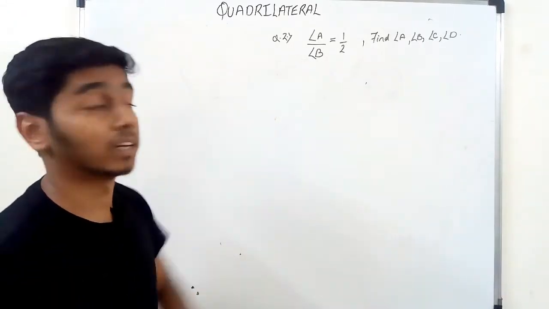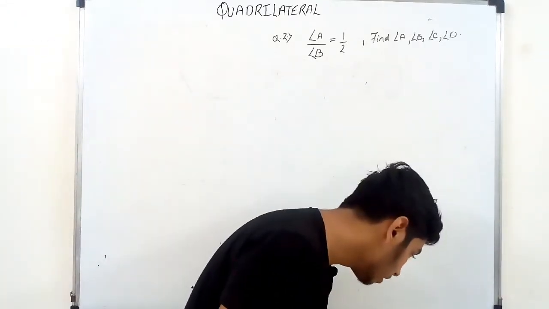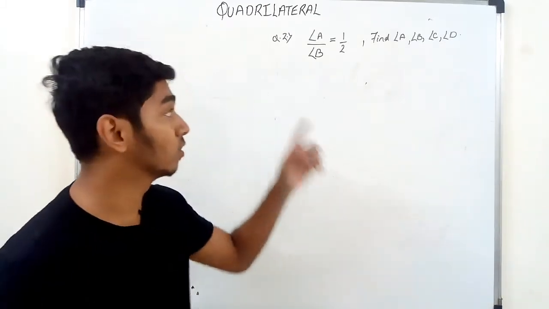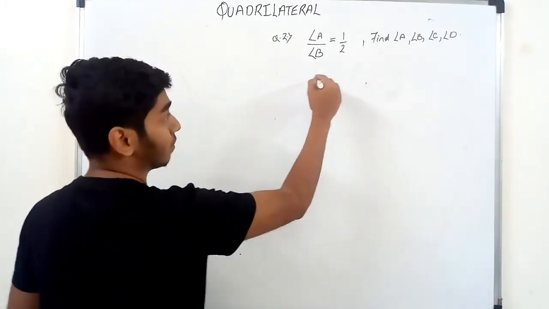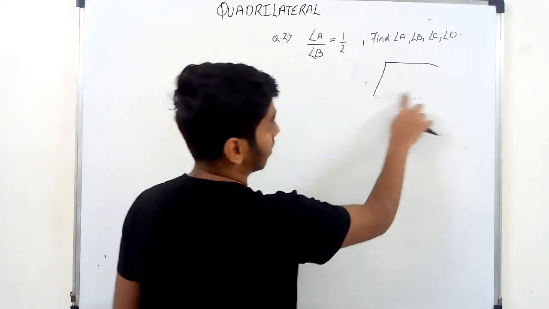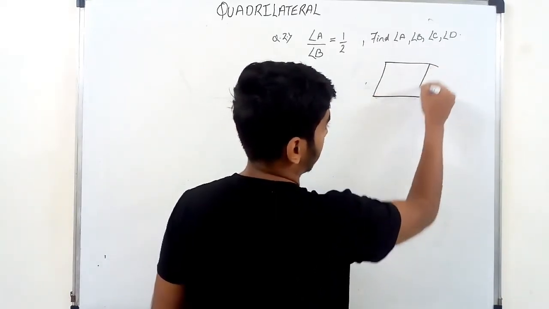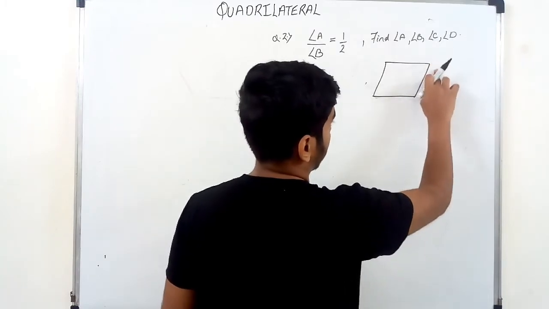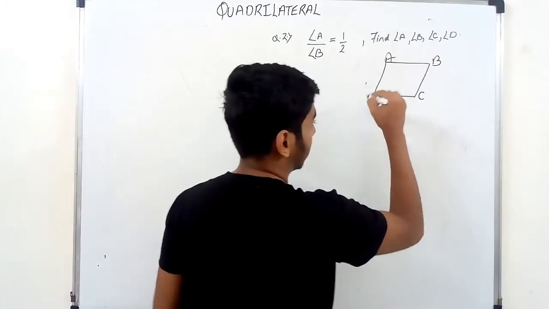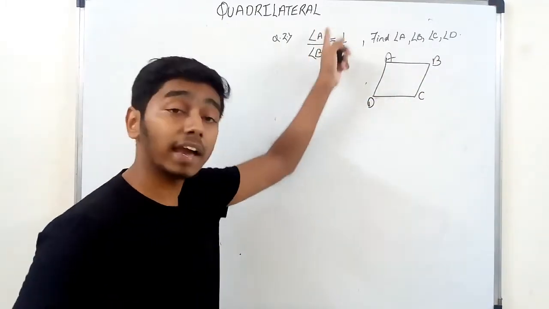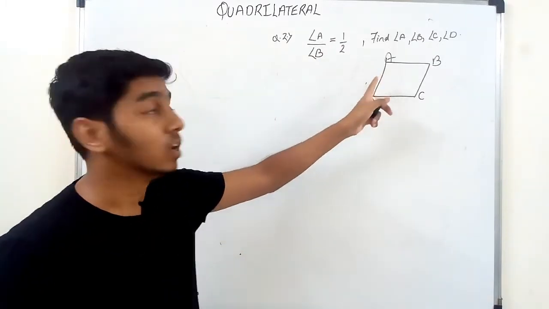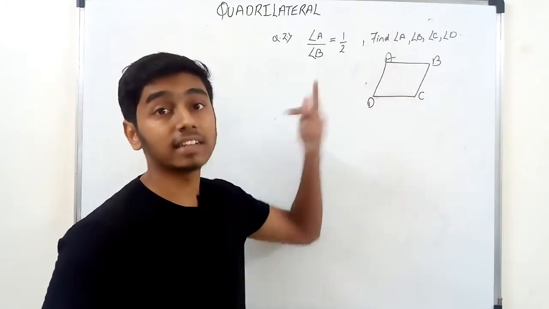So here's the second question, which says that if the ratio of measures of two adjacent angles of a parallelogram is 1:2, that means if you have a parallelogram, if this is a parallelogram ABCD, and if the ratio of two adjacent angles, so here we can take A and B, adjacent angles, right?